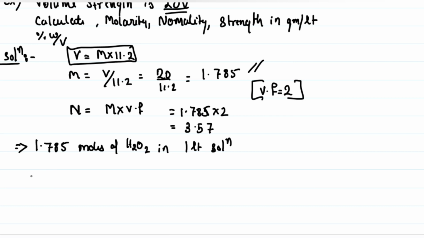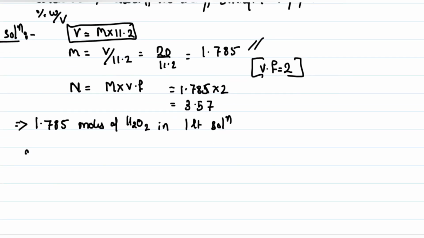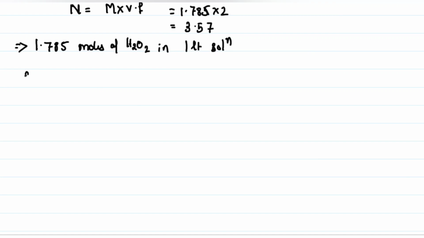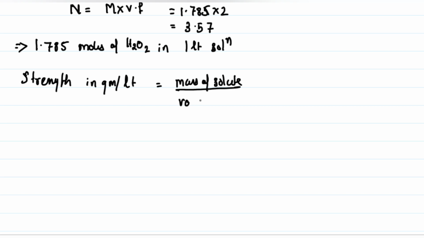The definition of strength in gram per liter is mass of solute upon volume of solution in liter.